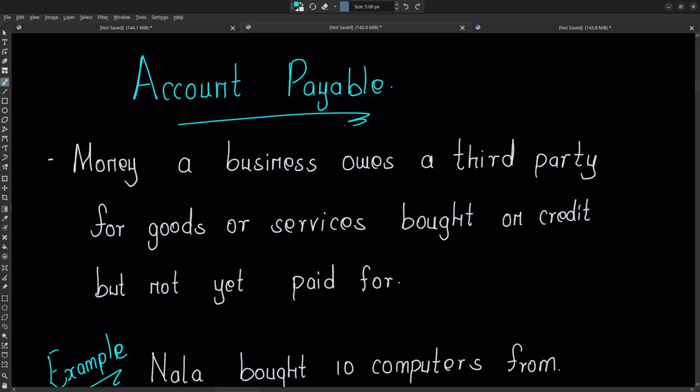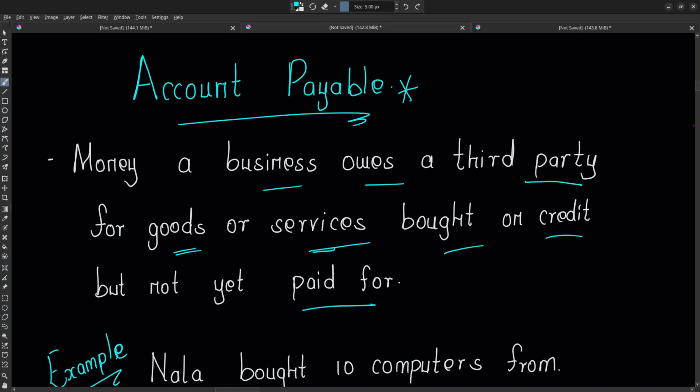An account payable is a recording of the money a business owes a third party for goods or services bought on credit but not yet paid for. They have already received the goods or services from this third party, could be a supplier, and they are yet to pay for it. So this is recorded in an account payable.